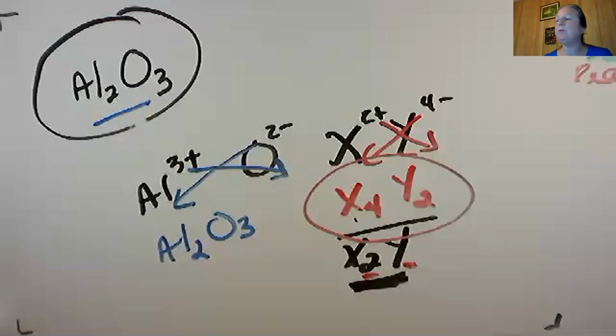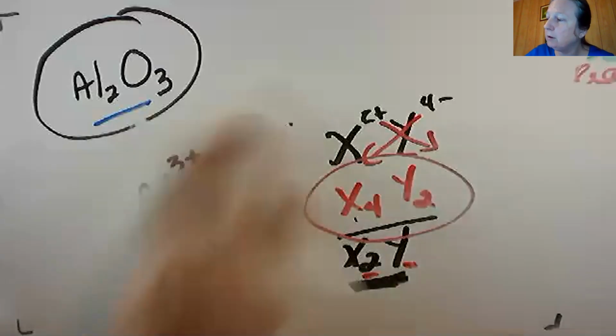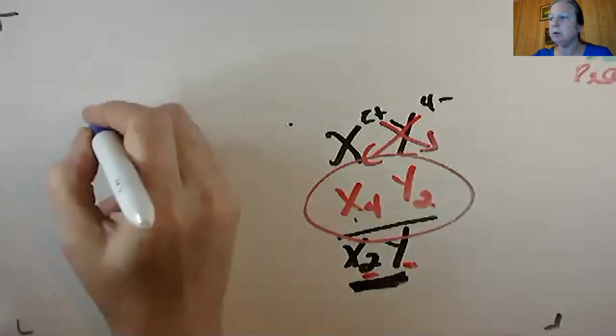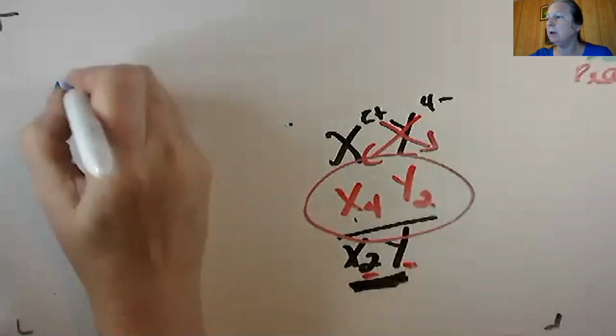I'll erase it when I get to it. So here was my example before. You're going to use the same process when you're using a polyatomic ion. So I got this from the crisscross method. The second example given on that slide was sodium, right?